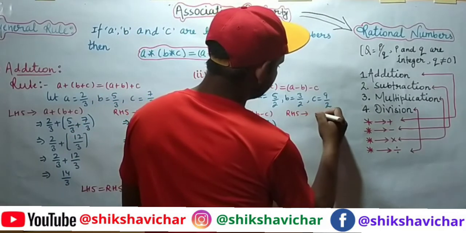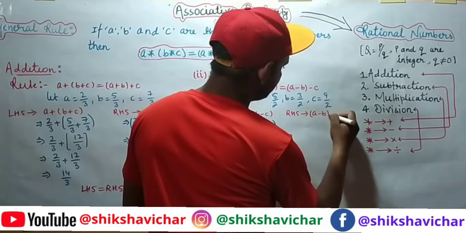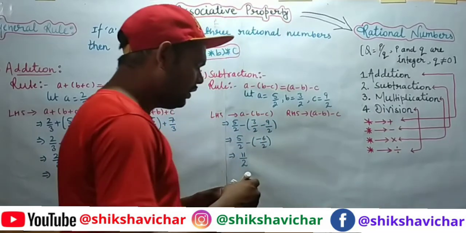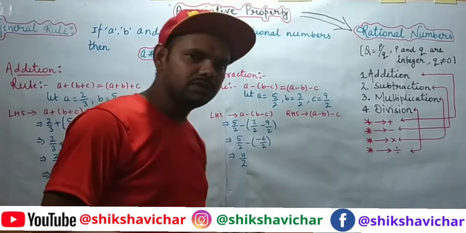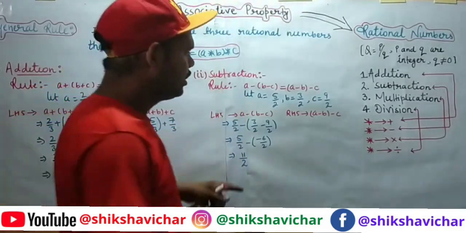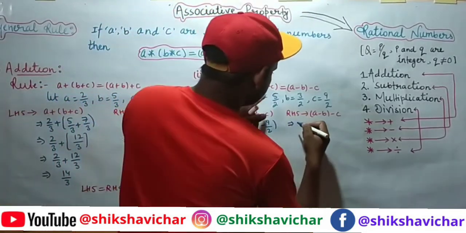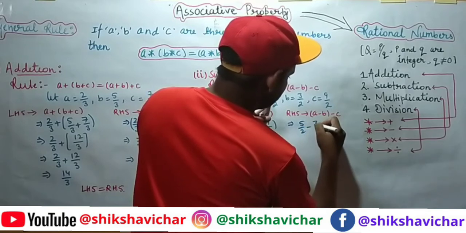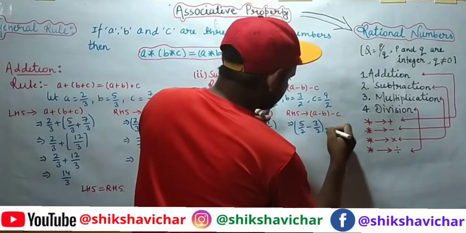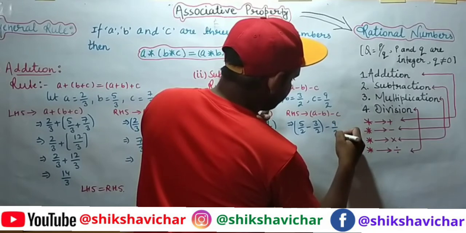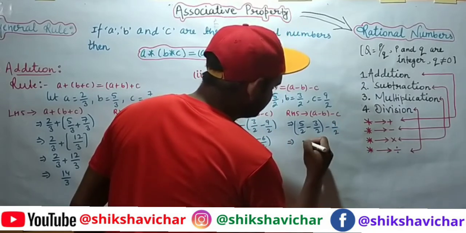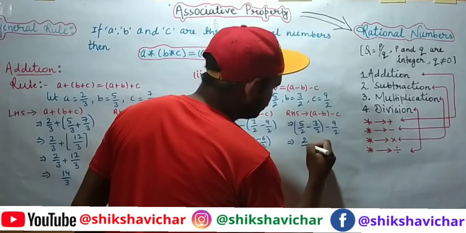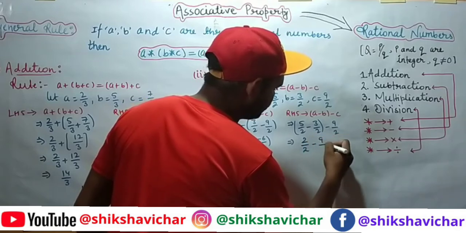Now we will check the value of right hand side. Right hand side means (a minus b) minus c. Okay. Now we will put the values that we took here. This will give us 5 upon 2 minus 3 upon 2, that means 5 minus 3, that is 2 upon 2, minus 9 upon 2.